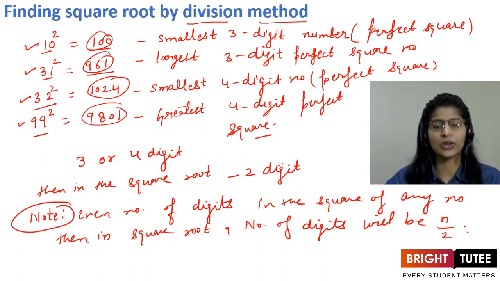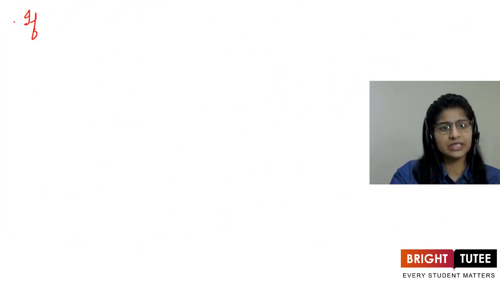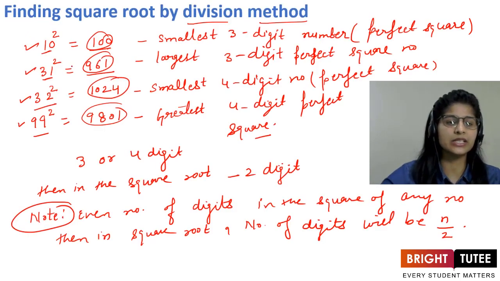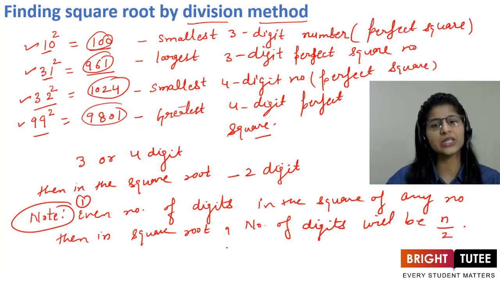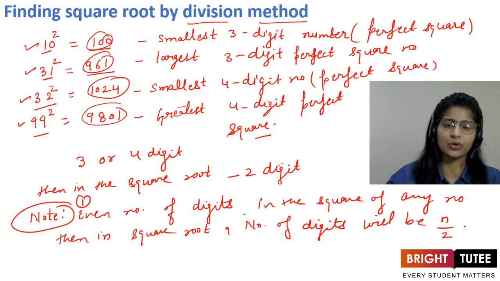For odd numbers, what we can write? Let's see. We'll write, if this is the second point that you can note down, it is really important. The first point is this one, that even number of digits in the square of any number, then in square root number of digits will be n upon 2.